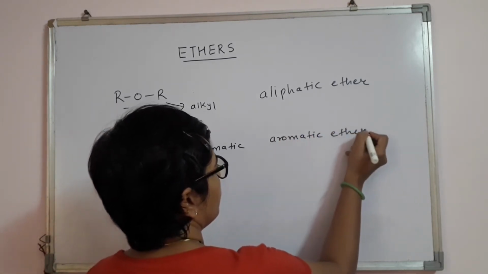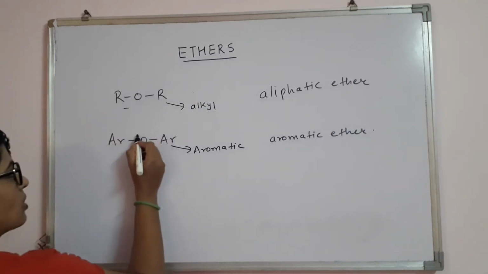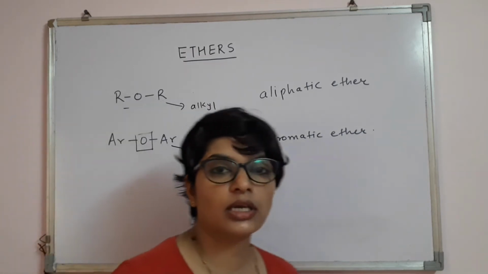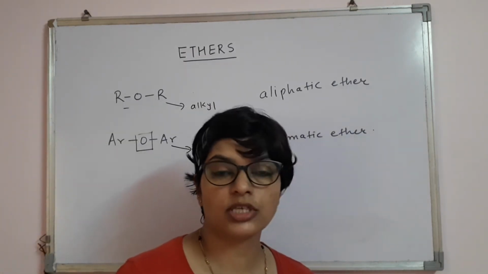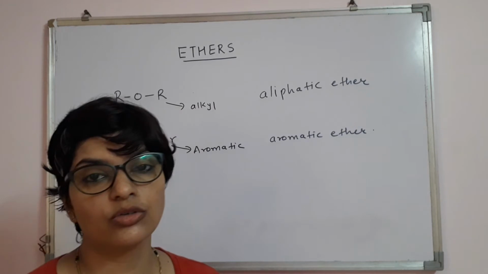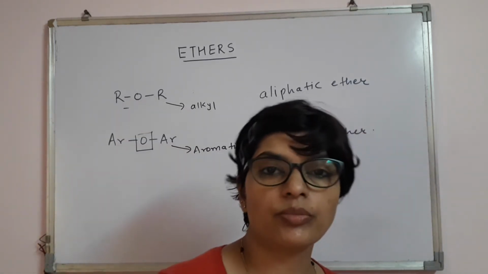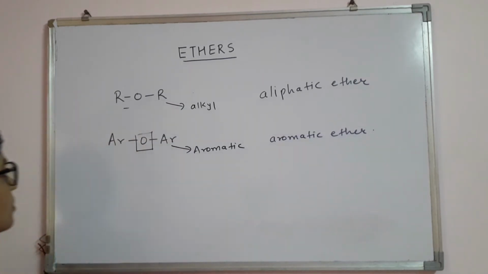Okay, so this is the way we are going to understand ethers, compounds in which the oxygen is going to be the functional group. They are the most inert compounds, and that is why they are used as very good solvents. Now I will be showing you how we prepare ethers in a few steps.